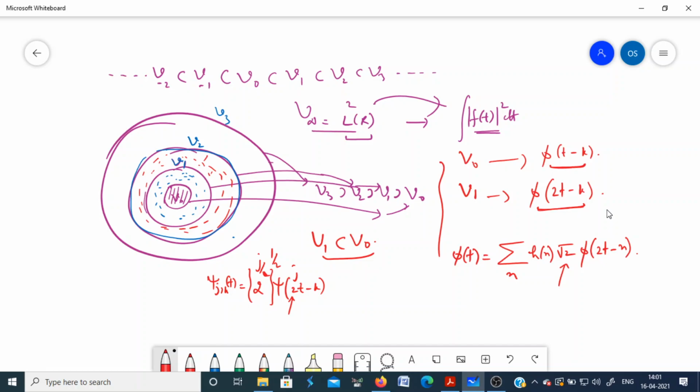Similarly in the continuous wavelet transform, we have psi of t minus tau by s. You are scaling the time by a factor of 1 by s, so to maintain the norm, we have multiplied with 1 by under root s. Similarly you are scaling it by a factor of 2, so to maintain the norm of the scaling function, you have to multiply with under root 2. So this equation says that you can express phi t in terms of phi 2t and its translates.